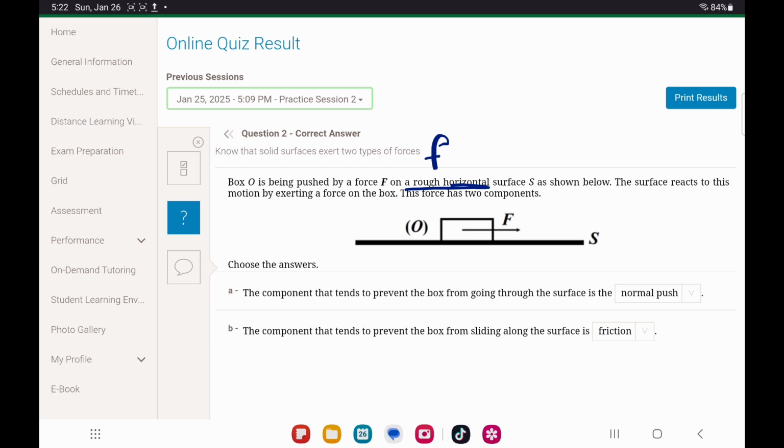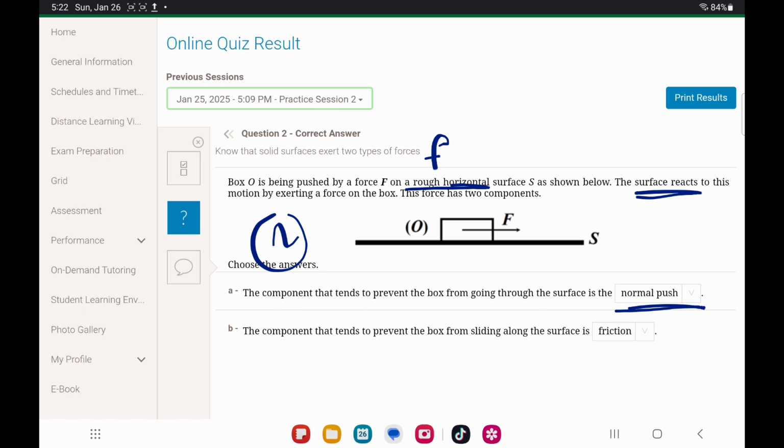Whenever they say the surface reacts, that means it's the normal push or normal reaction, okay? So the component that tends to prevent the box from going through the surface, because you can't have that, okay, is the normal push or normal reaction.